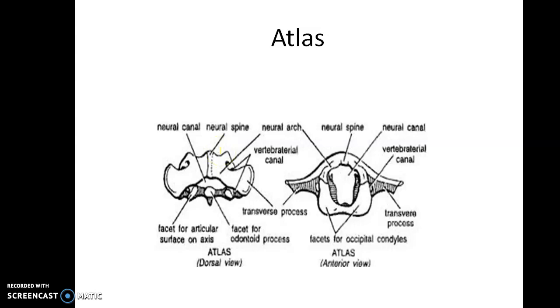The neural canal is partitioned into an upper spinal canal and a lower odontoid canal by a transverse ligament called ligamentum transversum. The spinal cord lies in the spinal canal, and the odontoid process of the axis lies in the latter.